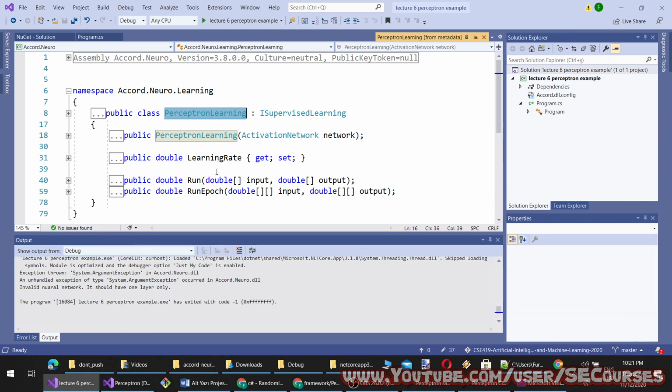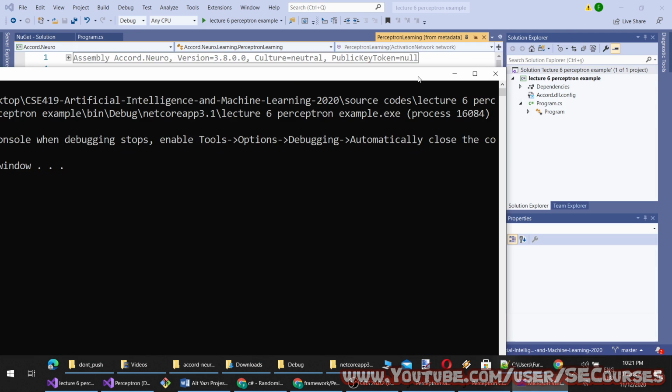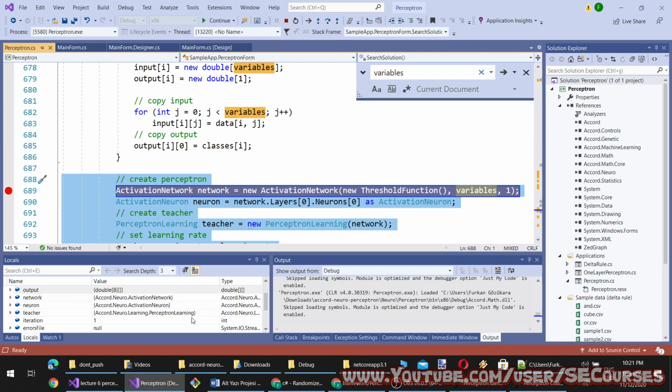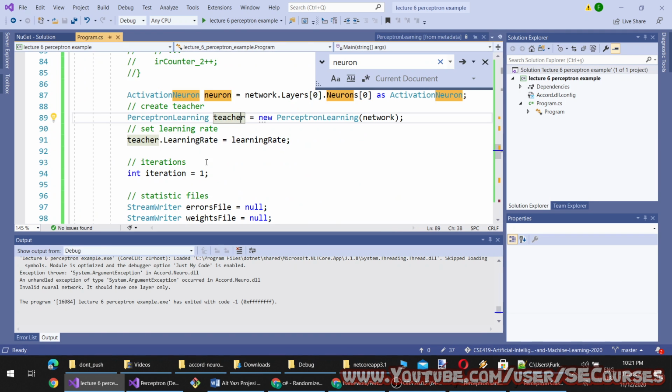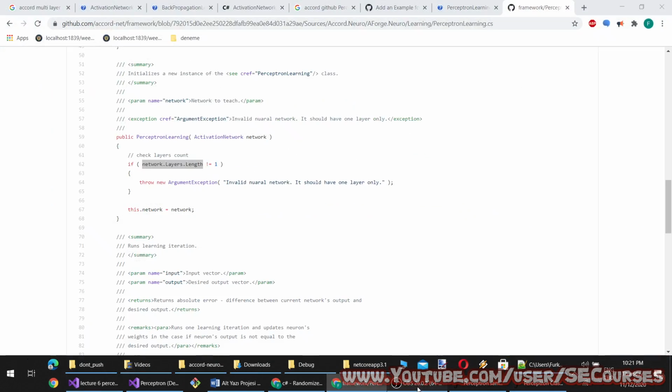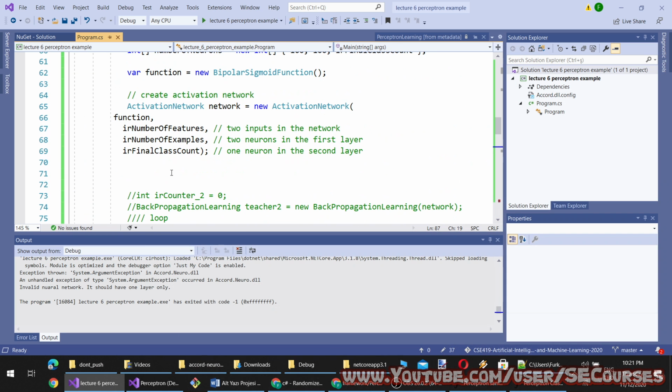Okay. So how many layers do we have currently? So we need to use another learning. This is perceptron learning, but not multi-layer perceptron learning. We need multi-layer perceptron learning, and it uses this method, which is network layers length. Let's see how many layers we have. We have to change our algorithm to solve this problem.